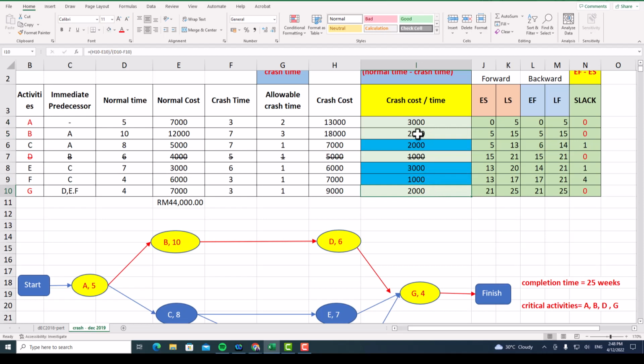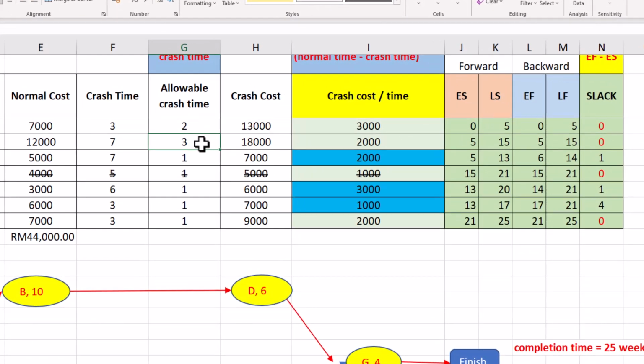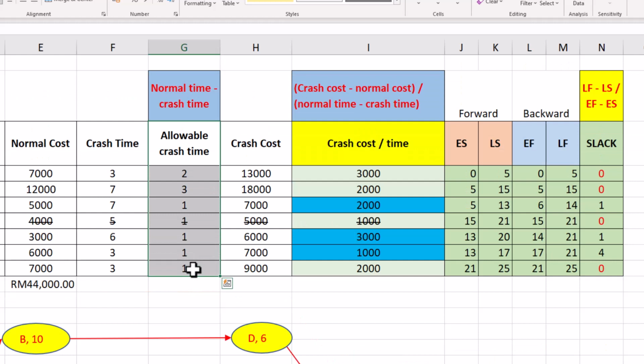There are 2 activities that have the same cheapest cost, which are activity B and activity G. Now you need to look into the allowable crash time. Activity B allowable is 3 and activity G the allowable time is 1. So here you need to choose the shortest time first.